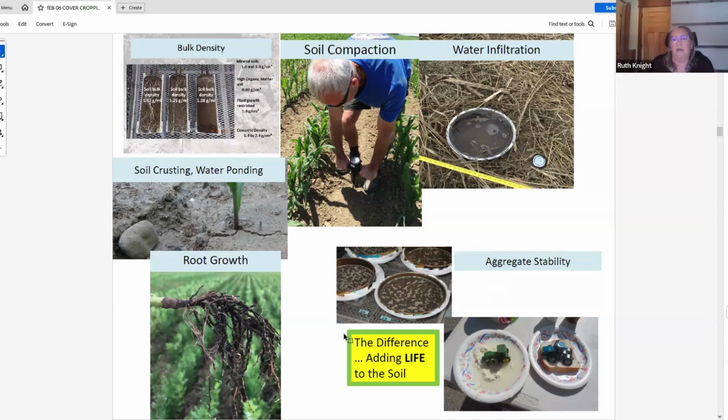So that's in cover crops, as well as cover crops that provide food to our microbes, that provide all those snots, slimes, and glues that hold those soil particles together.